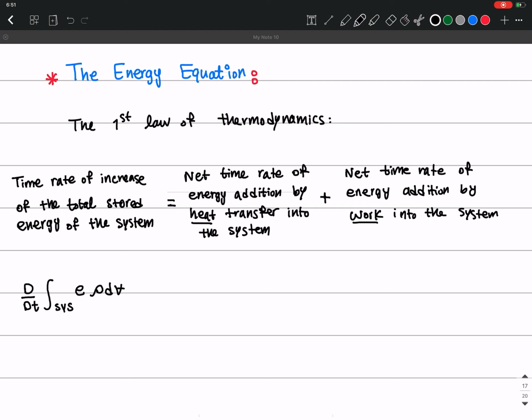E is the energy per mass of one small component of the system, say this dm, and you integrate that along your whole system, so you get the sum of the whole energy of the system. Instead of dm, I just wrote rho dV.